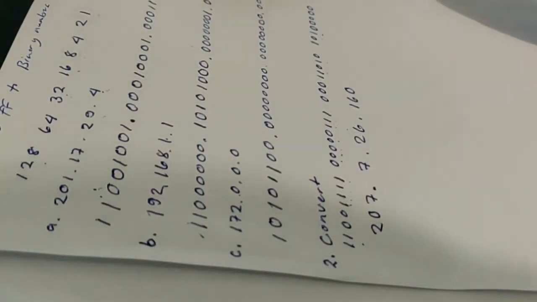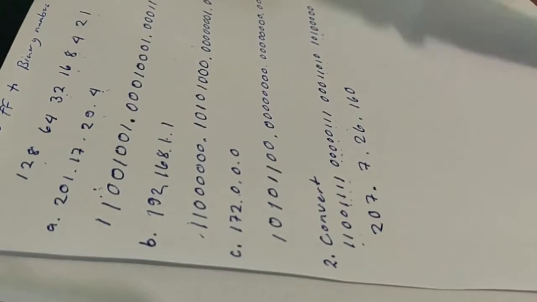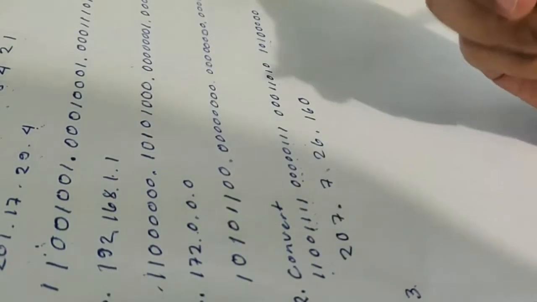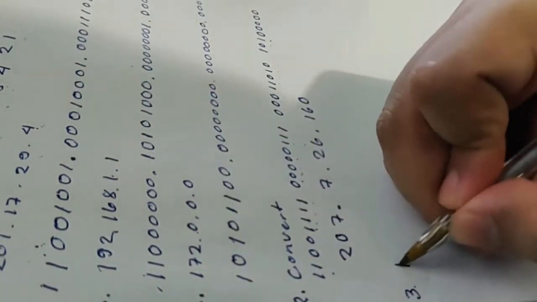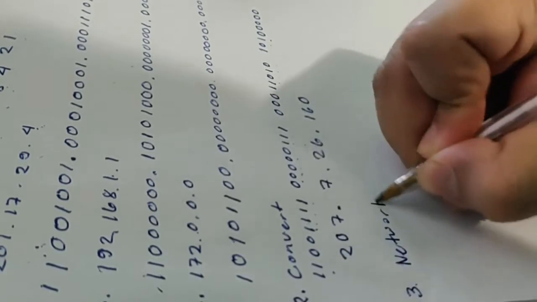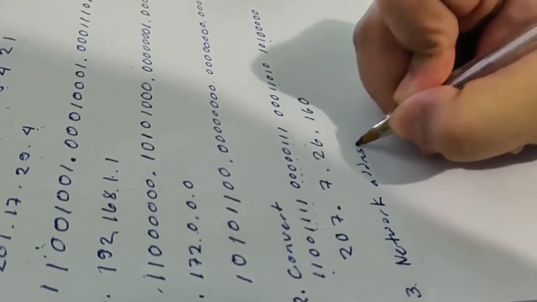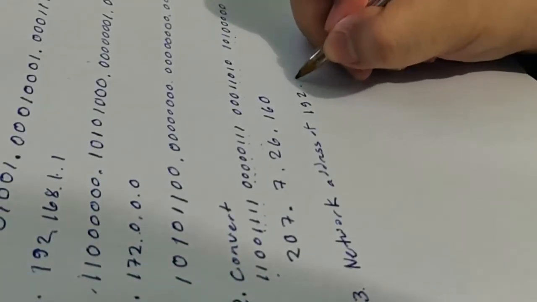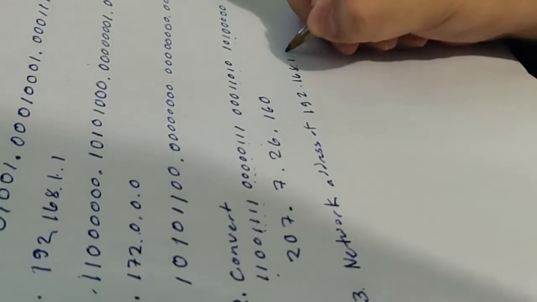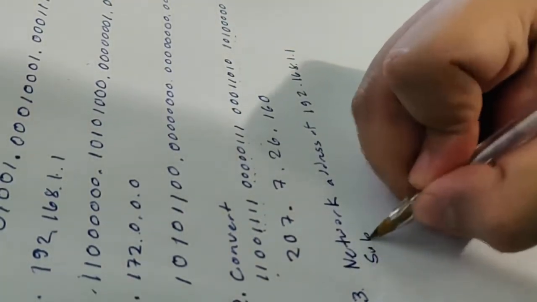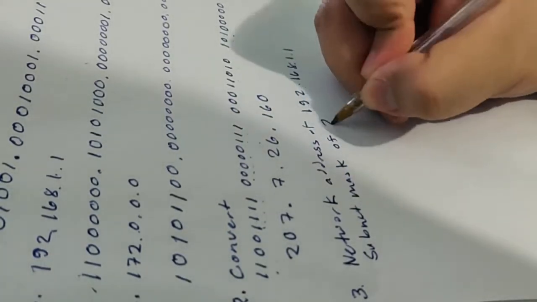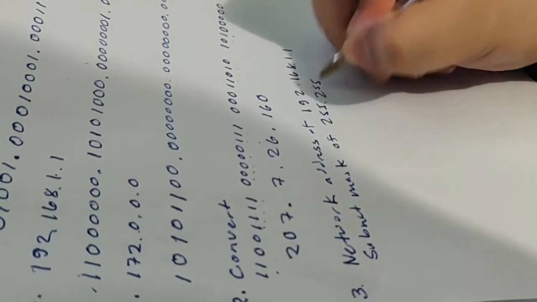Okay, question 3. We are given a network address of 192.168.1.1 and the subnet mask of 255.255.255.0.